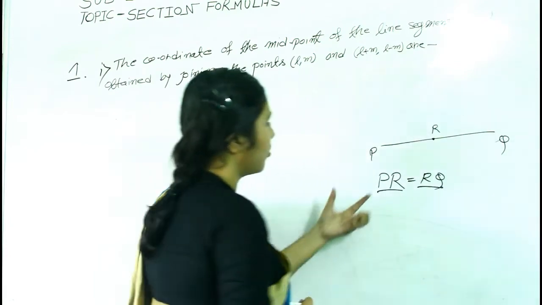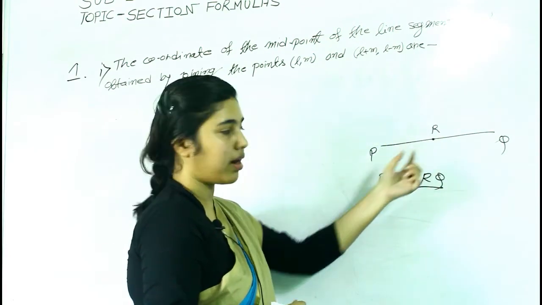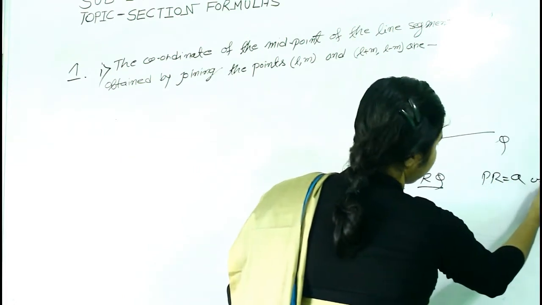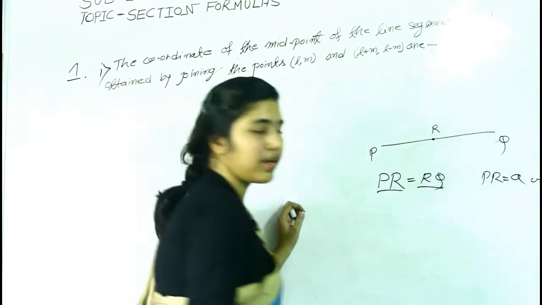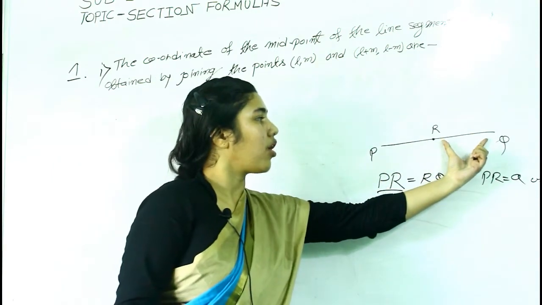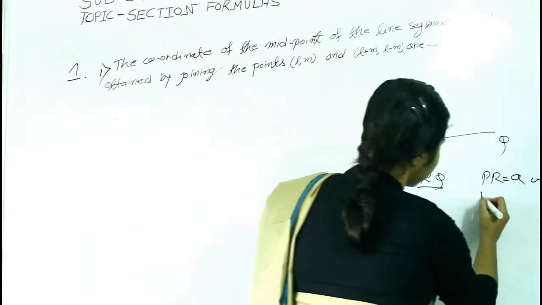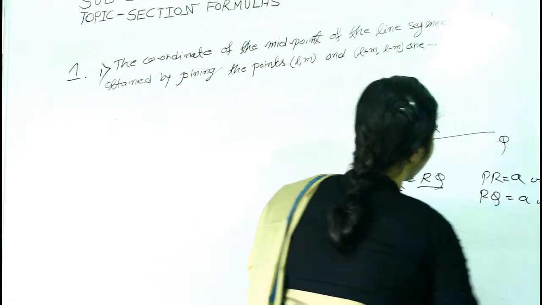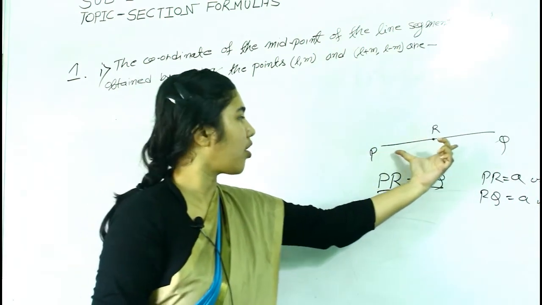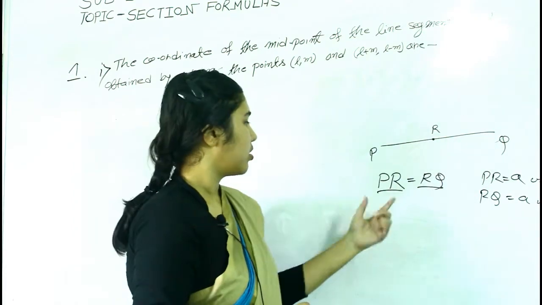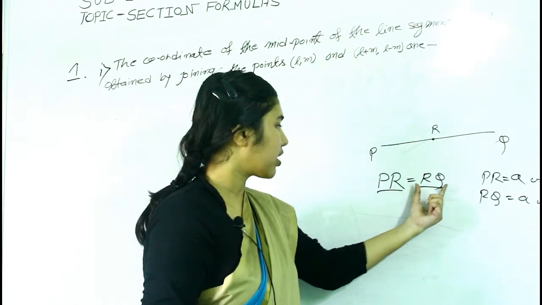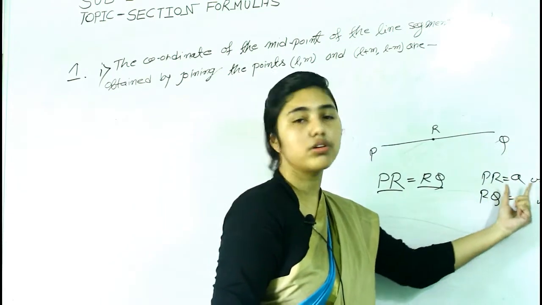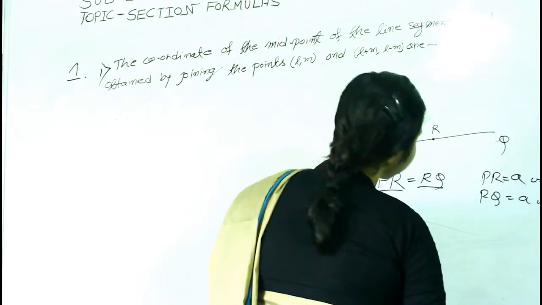Now suppose the length of PR is A unit, then the length of this portion RQ is also A units, because R is the midpoint of this line segment, which means PR is equals to RQ. If PR is equals to A units, then RQ is also A units, right?